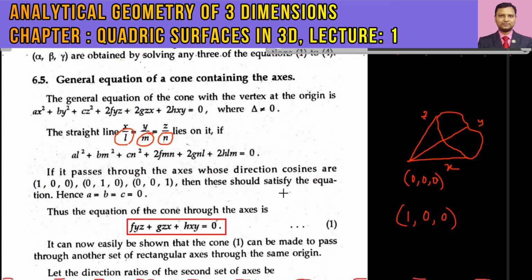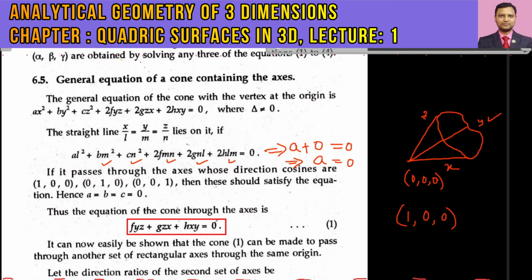So if we put l equal to 1, m equal to 0, and n equal to 0 in this relation, what do we get? On the left we have a, and all the remaining terms, b m square, c n square, twice f m n, twice g n l, and twice h l m, would be equal to 0, and the right hand side is equal to 0. So we ultimately find that a is equal to 0.